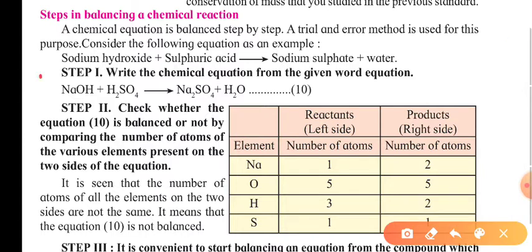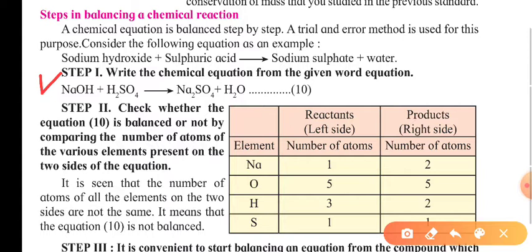So first of all, step number 1 is to write a chemical equation from the given word equation. Whatever equation is given to you, first you write it down. If it is already given in molecular formula form, then that's okay.